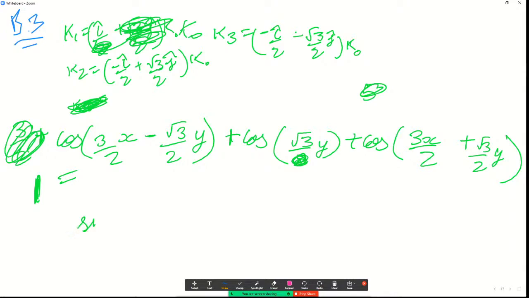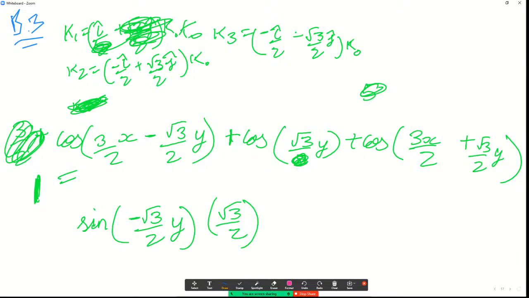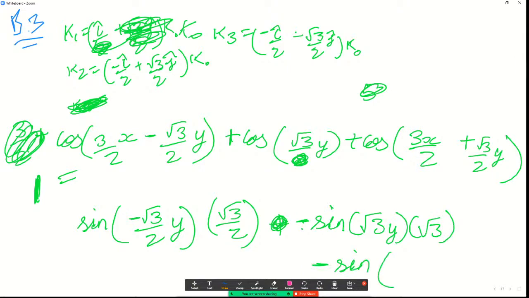So differentiation of cos is sine, negative root 3 by 2y, negative will cancel out, and root 3 over 2, plus differentiation of sine is negative sine root 3y into root 3, minus sine of root 3 over 2y into root 3 over 2 equals 0.